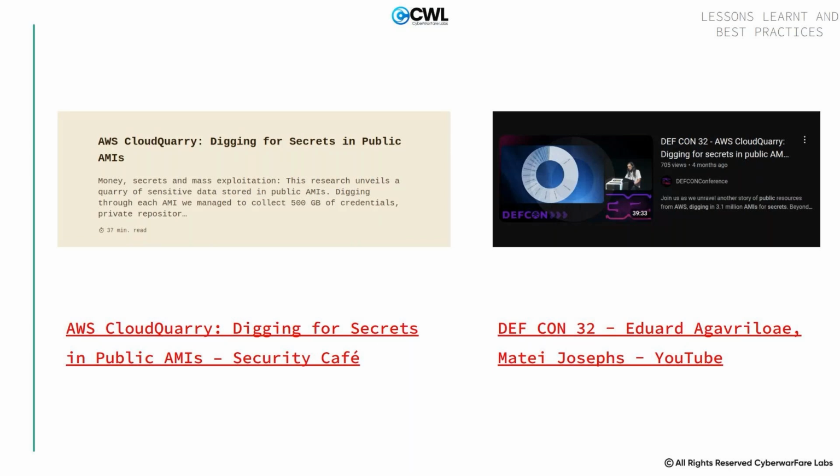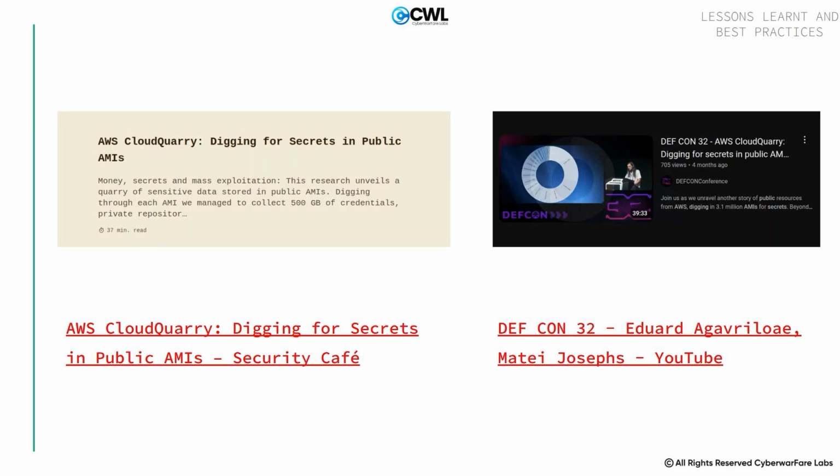They had access to all these public AMIs, right? They started a normal EC2 instance, and then they also started an EC2 instance with the public AMIs which they thought had sensitive information.